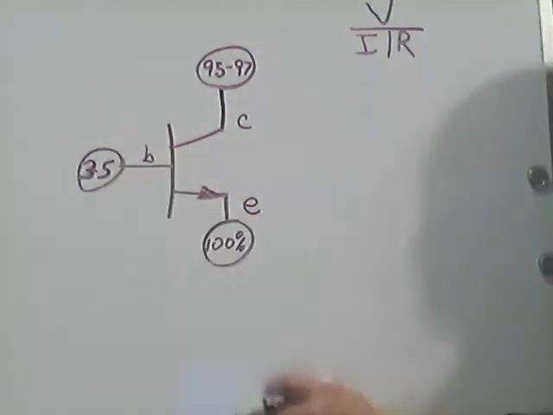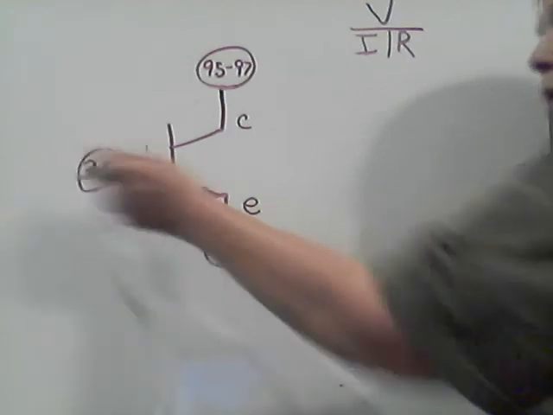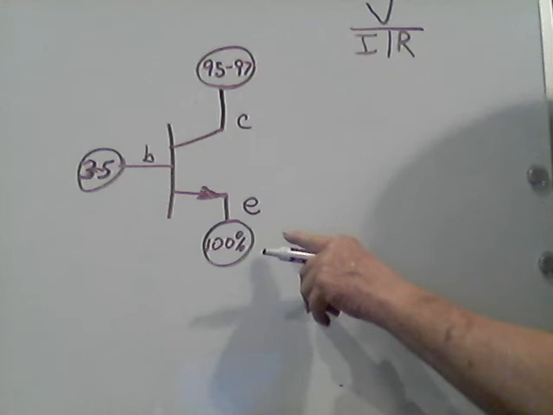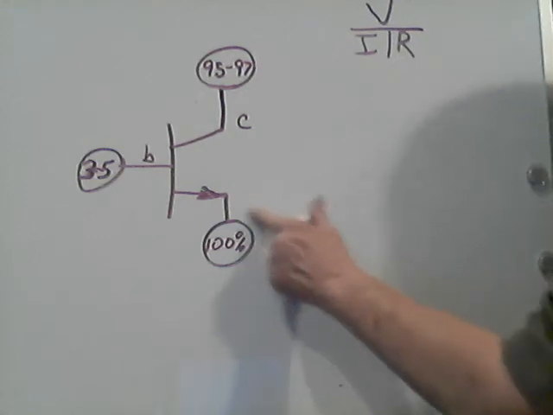This is turning on this device. And then the rest of the current flow will be flowing up through the collector. So we're looking at a device that we can turn on and turn off with current.